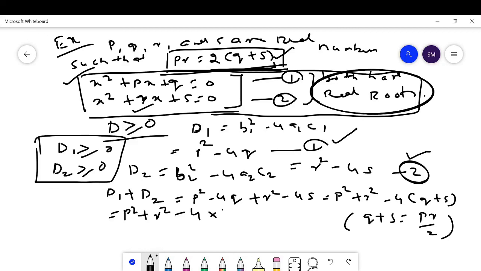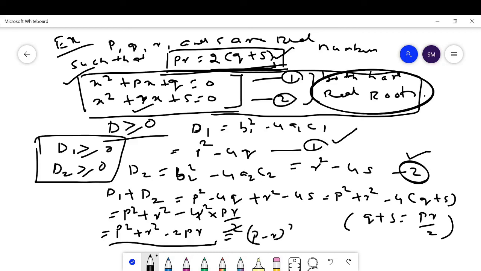Then the 2 cancels, and this is p² plus r² minus 2pr. This is like a² plus b² minus 2ab form. This is equal to (p minus r) whole square. As it is a square number, it must always be greater than or equal to 0.